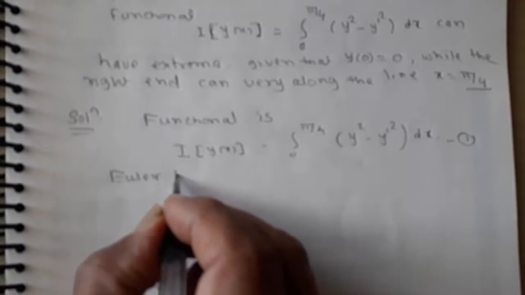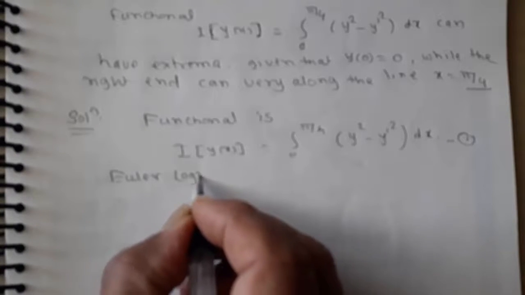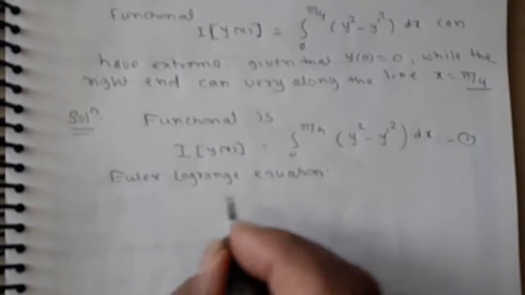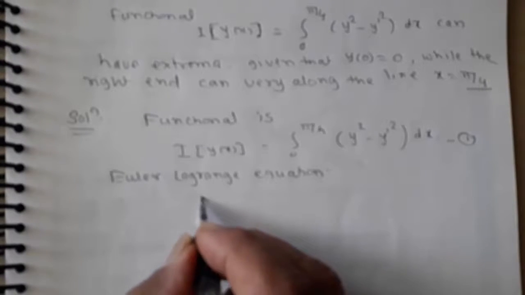For this functional, the Euler-Lagrange equation becomes y double dash plus y equal to 0.